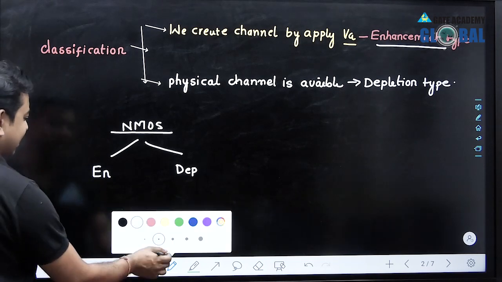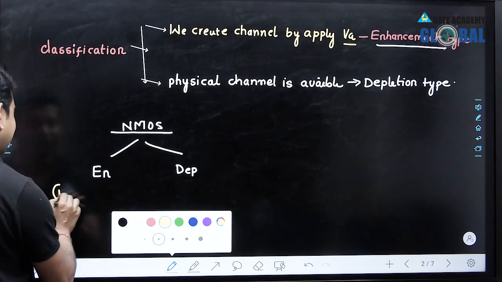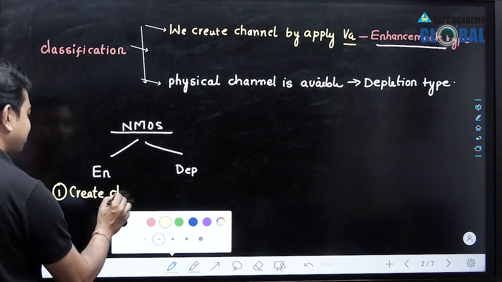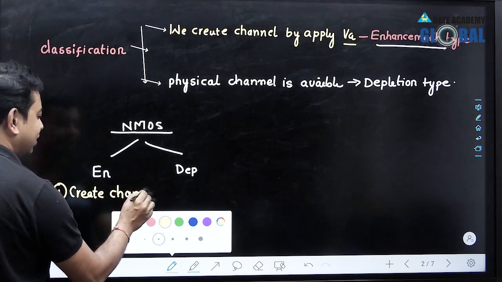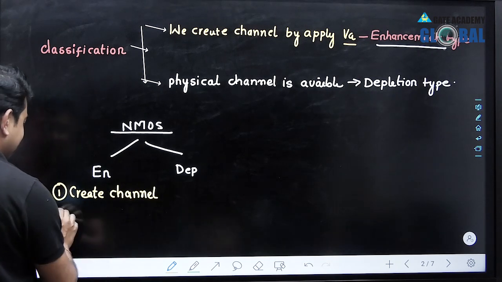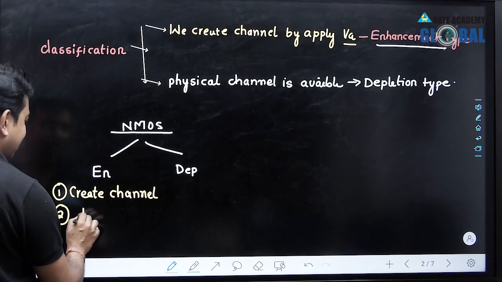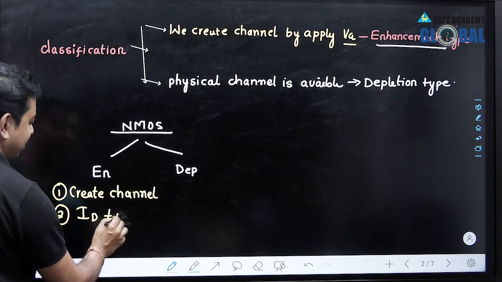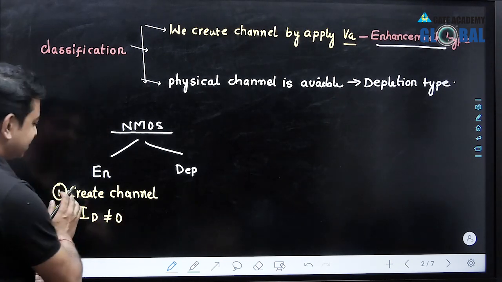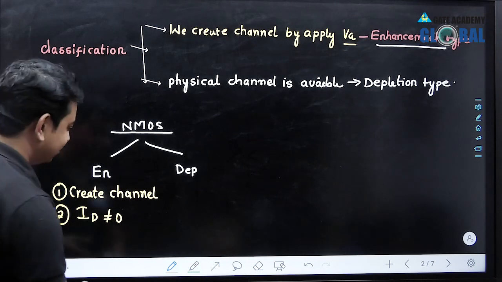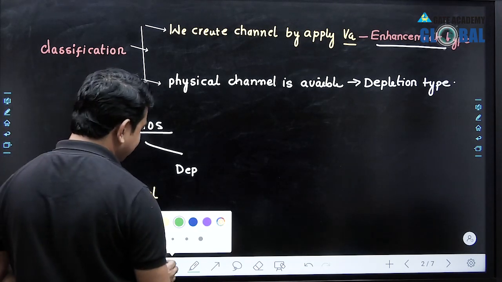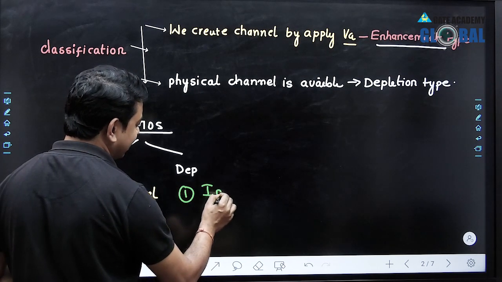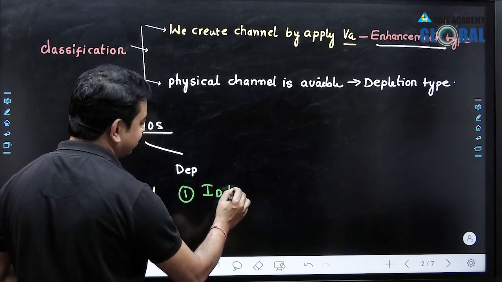So step by step, first we have to create a channel, and after creating the channel, the second thing is that we get a current that is not equal to 0. But in a depletion type MOSFET, even if we don't create the channel, we can get a current, ID not equal to 0.